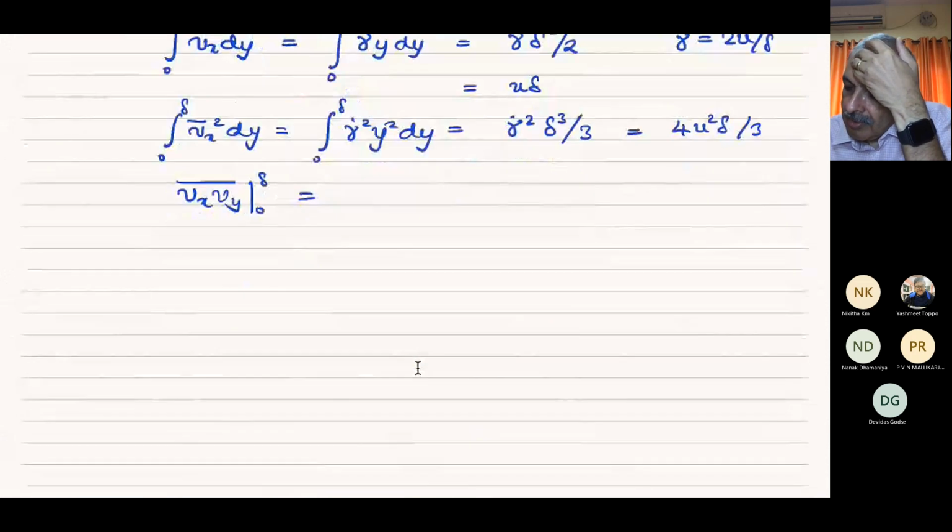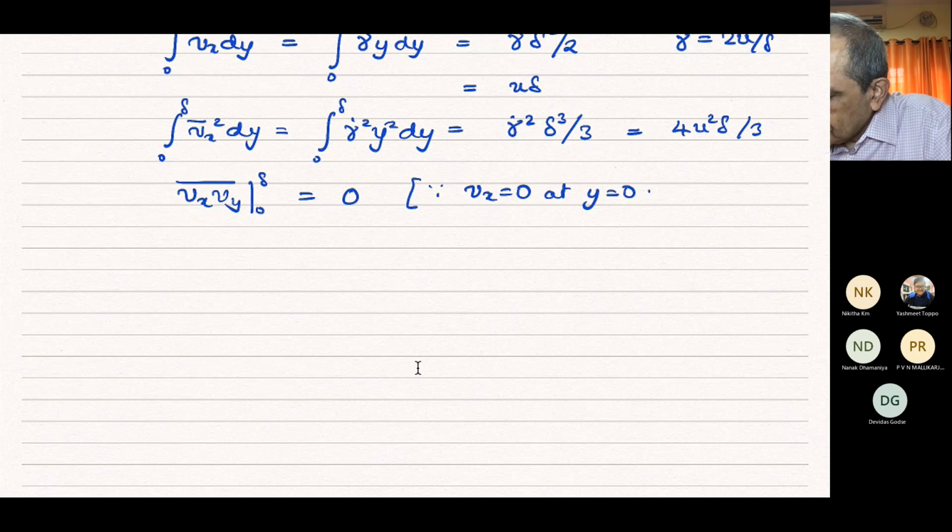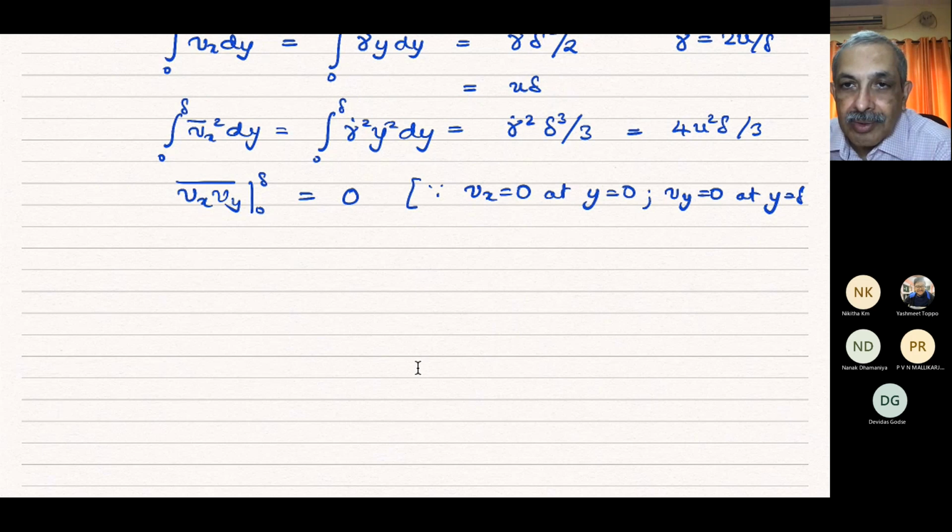So the product is always 0 at both the limits. So this term simply goes off to 0.